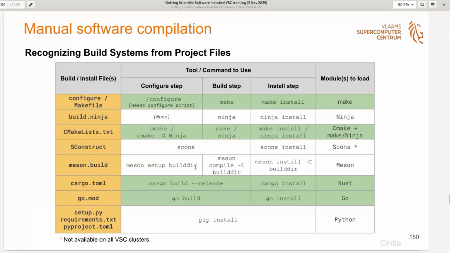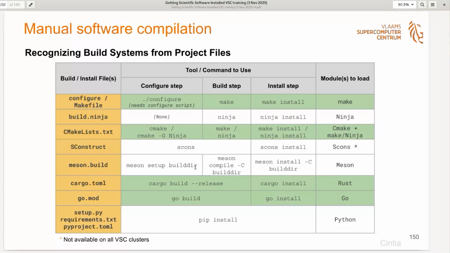So basically, what you need to compile software yourself is usually a configure step, then you have to build with some tool, and finally install.